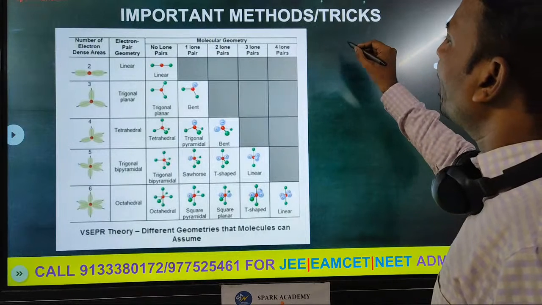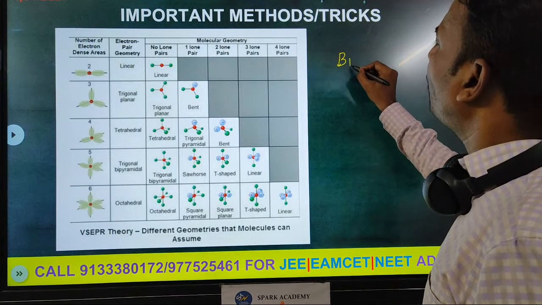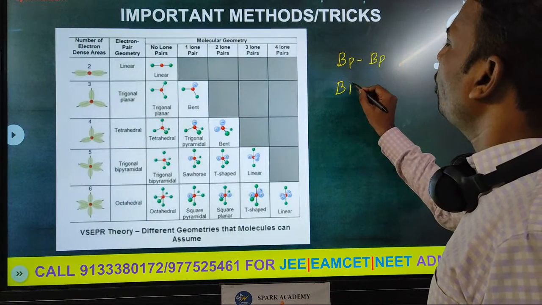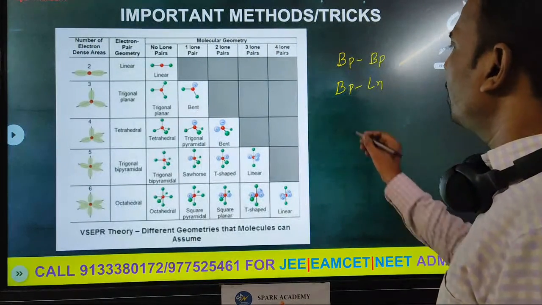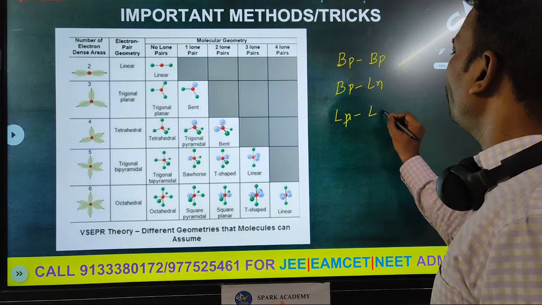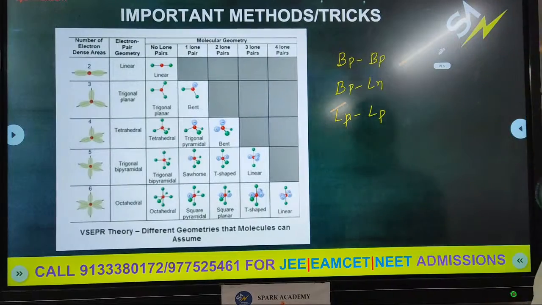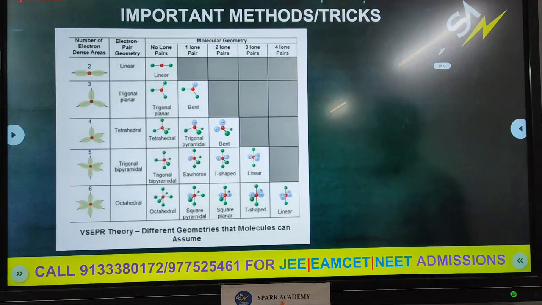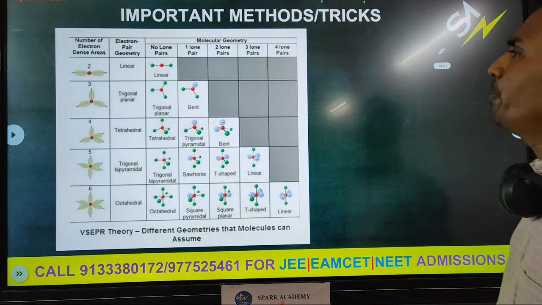In the same way, lone pair and bond pair repulsions are there, and lone pair repulsions are also present in the molecule. But which is the highest here? Bond pair repulsion is less than lone pair-bond pair, and the highest one is lone pair-lone pair.